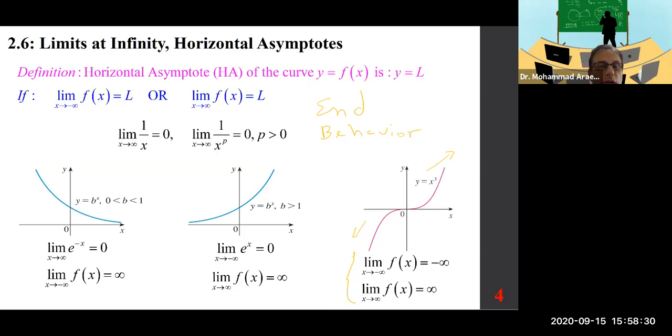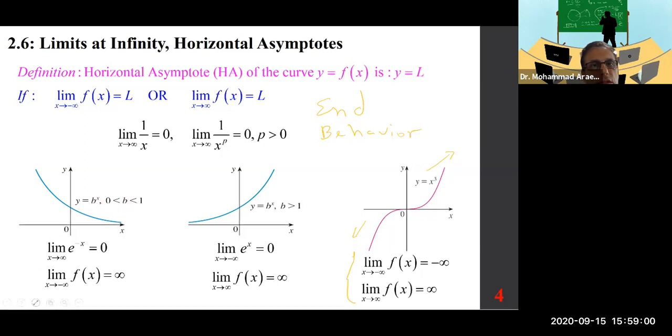Now, when we look at functions such as exponential functions, remember that if the base is larger than 1, it looks like this. It's an increasing function, and you have a horizontal asymptote. Look at this definition. This means there's a horizontal asymptote here. The same thing here. In this case, p is between 0 and 1.